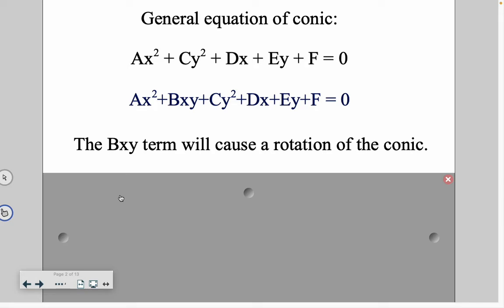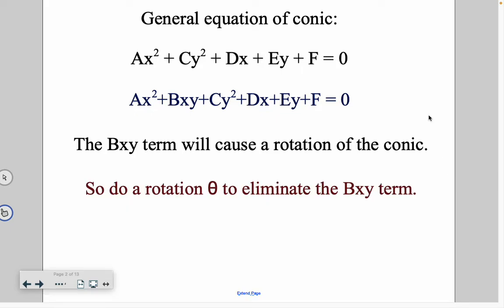So it takes that ellipse and rotates it. So it's no longer just horizontal or vertical, it's rotated a certain degree. And we're going to figure out what that degree is, and we're going to rework the process here. That's what that Bxy term does. And that's why we didn't deal with it last week, because it makes it more difficult. So we're going to do a rotation of whatever theta is to eliminate that term and get back to what we were working on last week when we finally get to the graphing part.